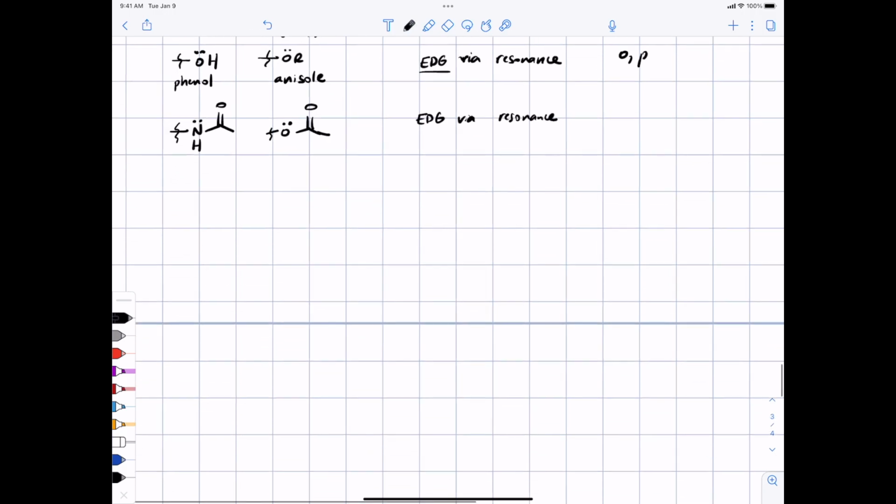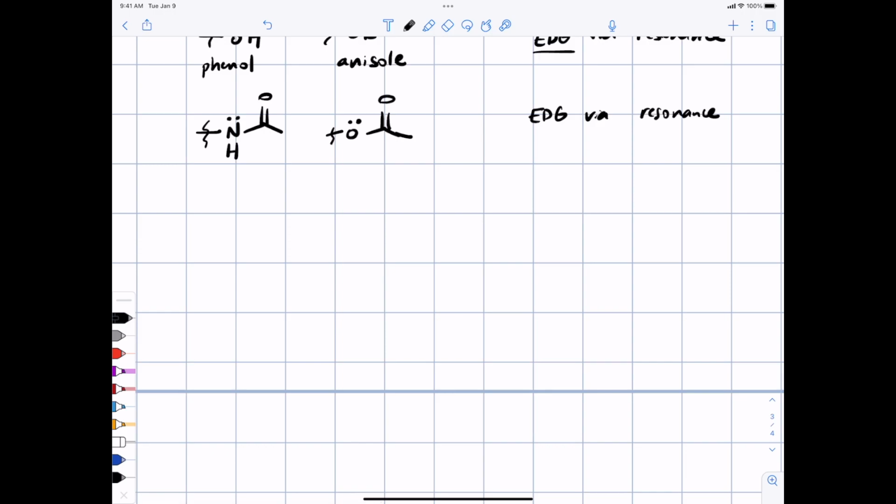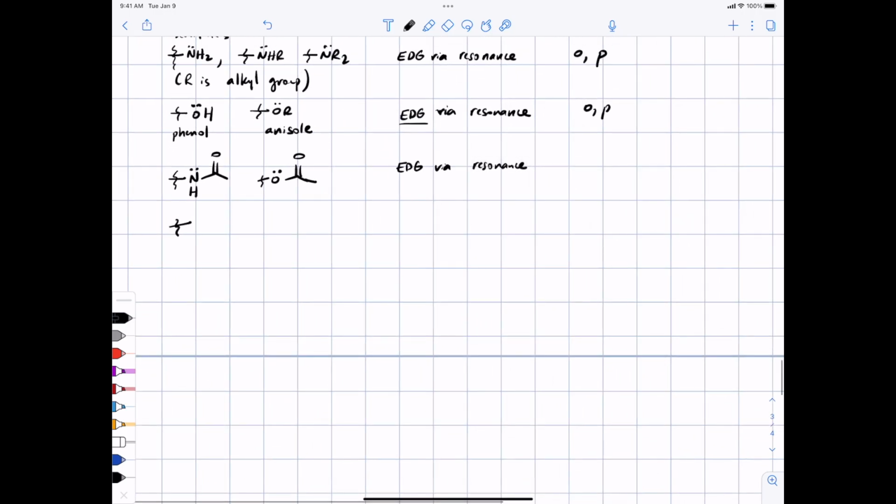Now, slightly not as effective as the donating groups, but still ortho and para directing in terms of regioselectivity, are the alkyl groups. It doesn't matter whether it's primary or secondary or so on.